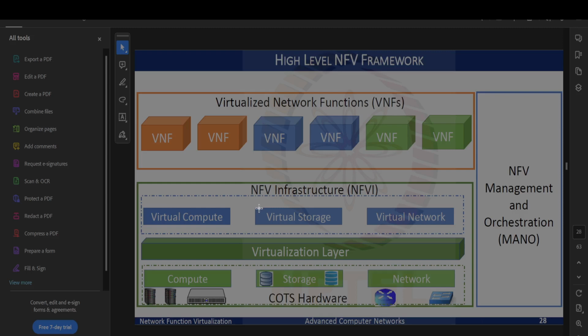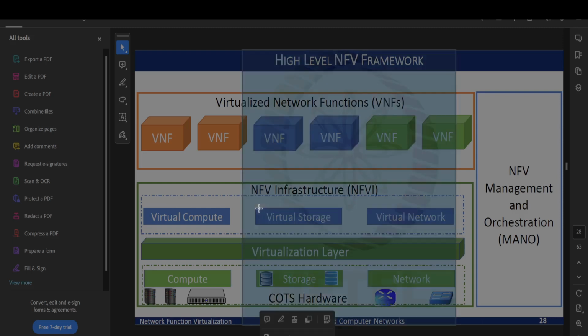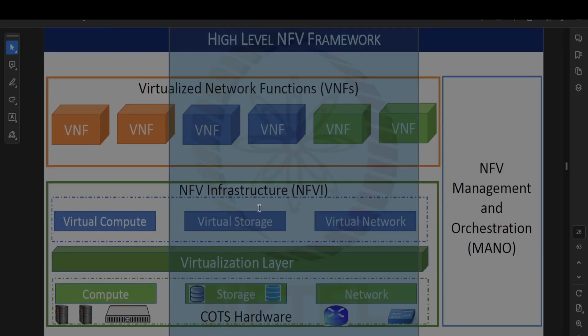We should be able to configure them and get whatever output we want from the network function using the underlying infrastructure.